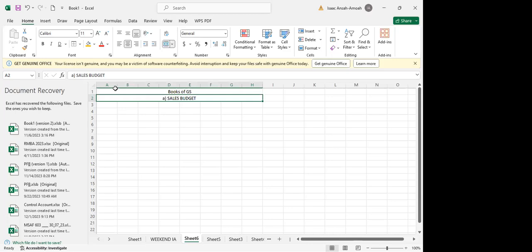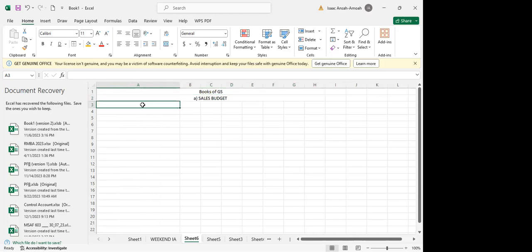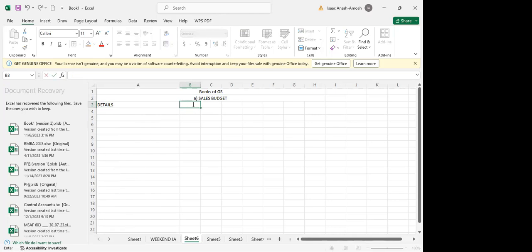So I would have the first column to represent details, right? Then I would label here month 1. In this case, I think we can use January. So January, I'm doing for 6 months.